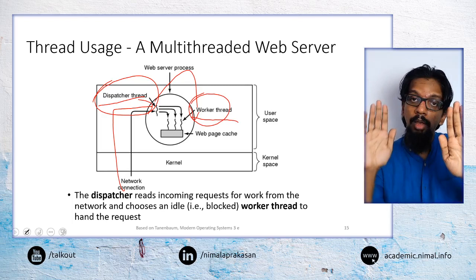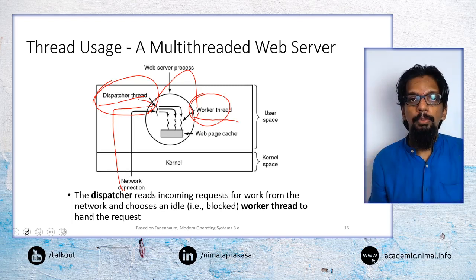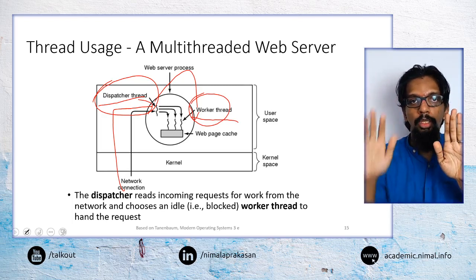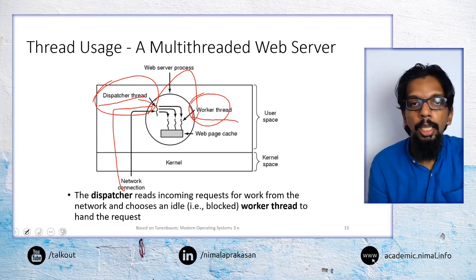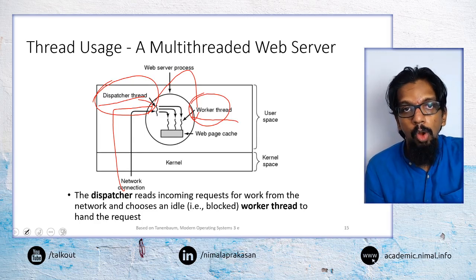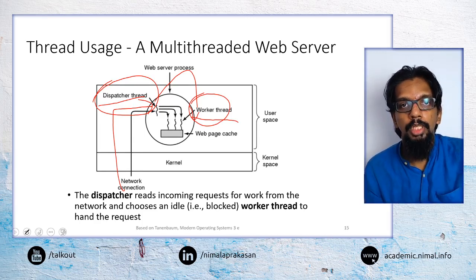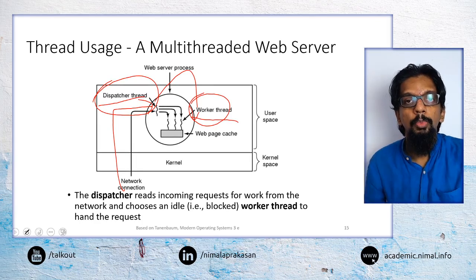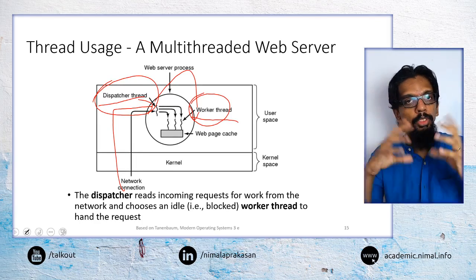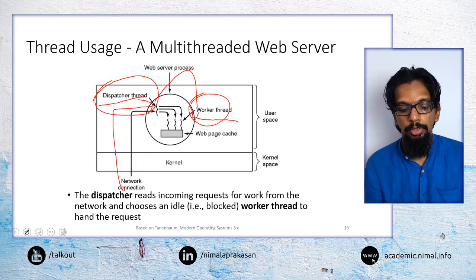But then we can also have multiple worker threads running in parallel, instead of having just one worker thread. This is a common occurrence in many server-based applications, where you may use this type of approach in modeling your process.